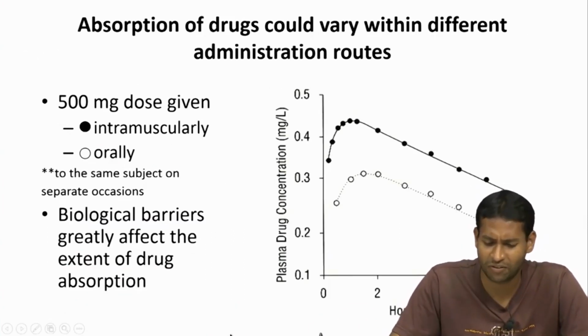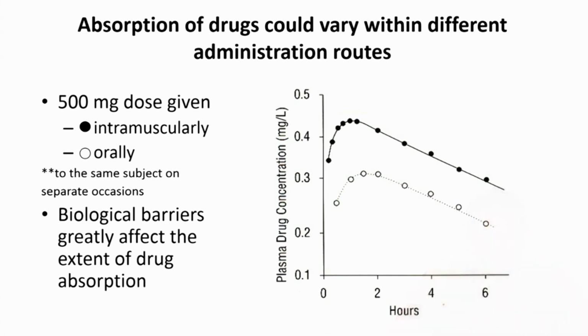So here is just an example of how different the administration route can be. We had talked about a similar case at the very start of the course, but let us say you have a 500 milligram dose of a drug that is given either orally or intramuscularly, to the same subject on separate occasions. This is actual clinical data.